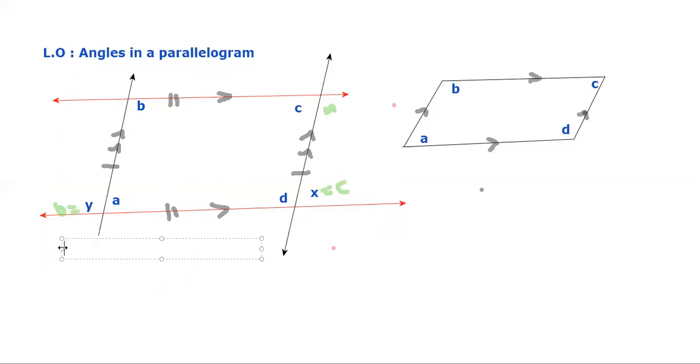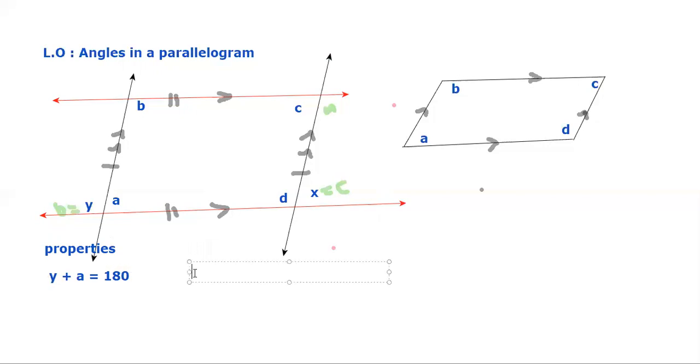Let me start with some properties now. These are the things that will help you solve problems. I won't go into deep proof, I'll just do a sketch proof. Y plus A equals 180, because they are linear pairs.